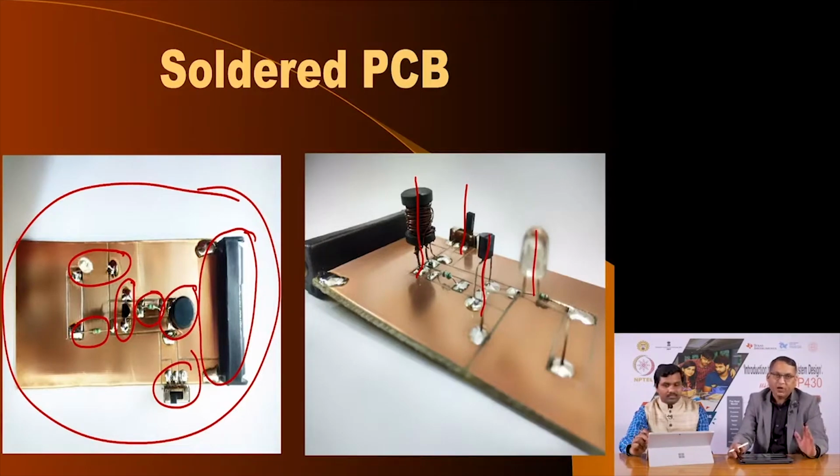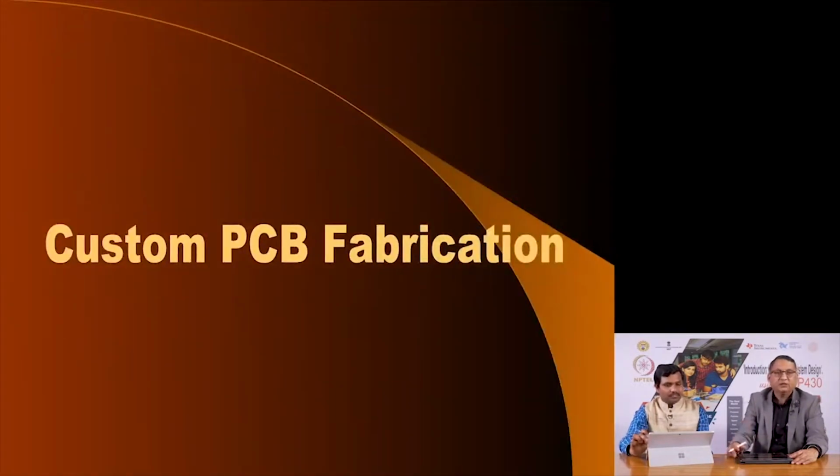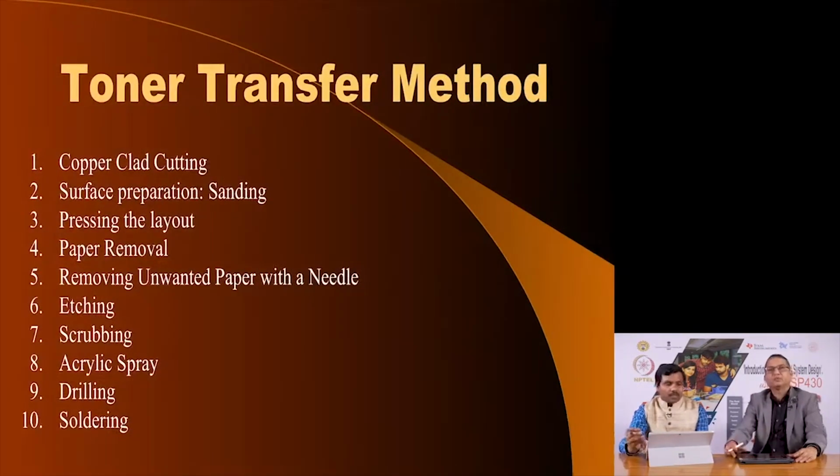At this point, we now come to the most common and most comprehensive method of creating professional and custom made circuits, and that is using custom PCB fabrication techniques. First of them is the toner transfer method. In the toner transfer method, initially copper clad cutting will be there.